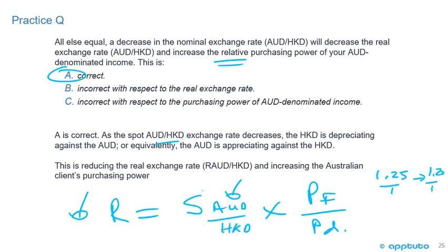It means that 1 Hong Kong dollar is buying me less Australian dollars. It means the Hong Kong dollar is depreciating. So it means that my purchasing power of the Aussie dollar is increasing, okay? So this is reducing the real exchange rate based on this formula, and it's also increasing the Australian client's purchasing power. So again, quite a good question. These take a little bit of practice.